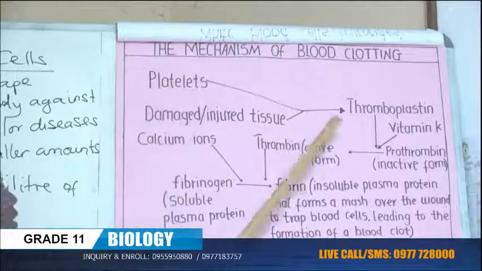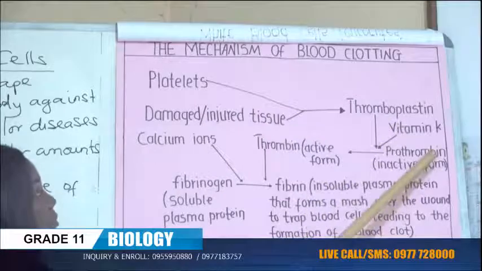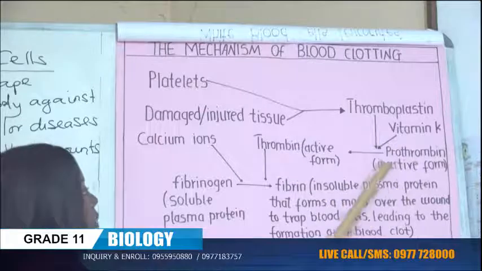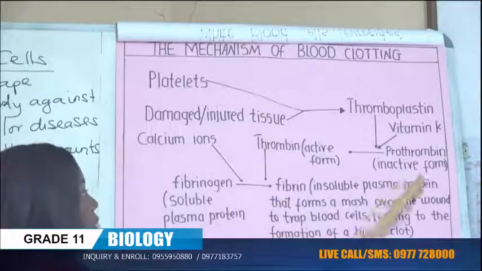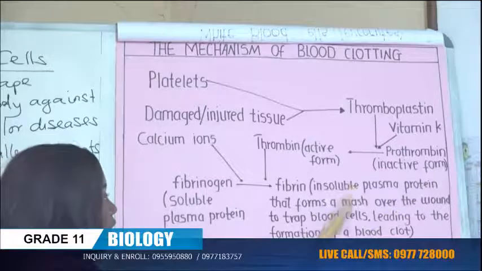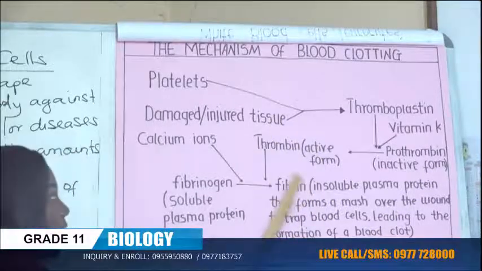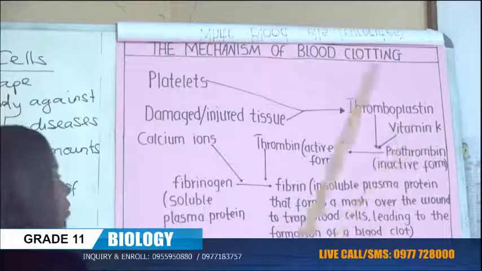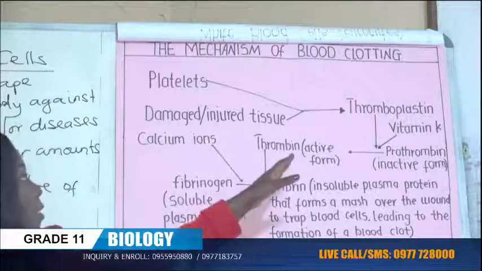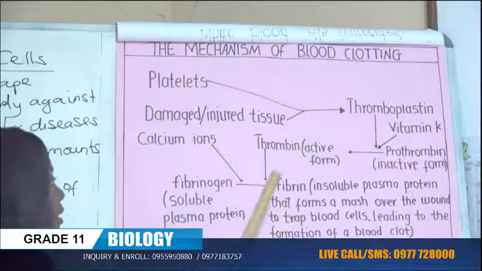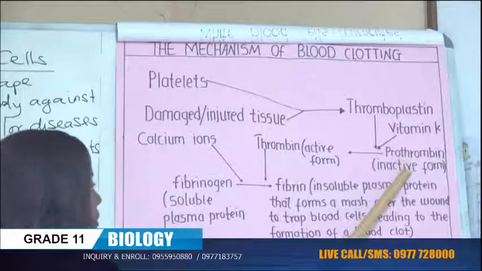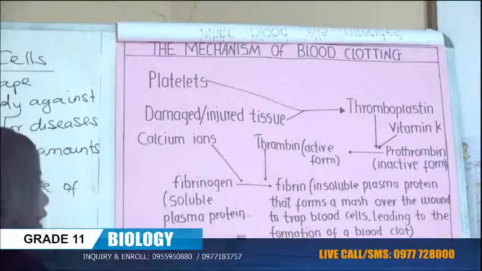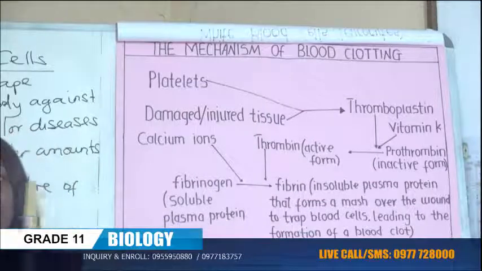Because prothrombin is an inactive plasma protein, but thrombin is an active form. And this reaction takes place in the presence of vitamin K. So thromboplastin and vitamin K aid the conversion of prothrombin to thrombin, which is an active form. This thrombin acts as an enzyme and also aids another reaction.